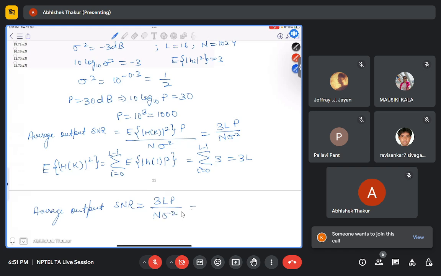Now we substitute all the values and find the answer. 3L is 3 into 16, P is 1000, divided by 1024, and sigma square is half.